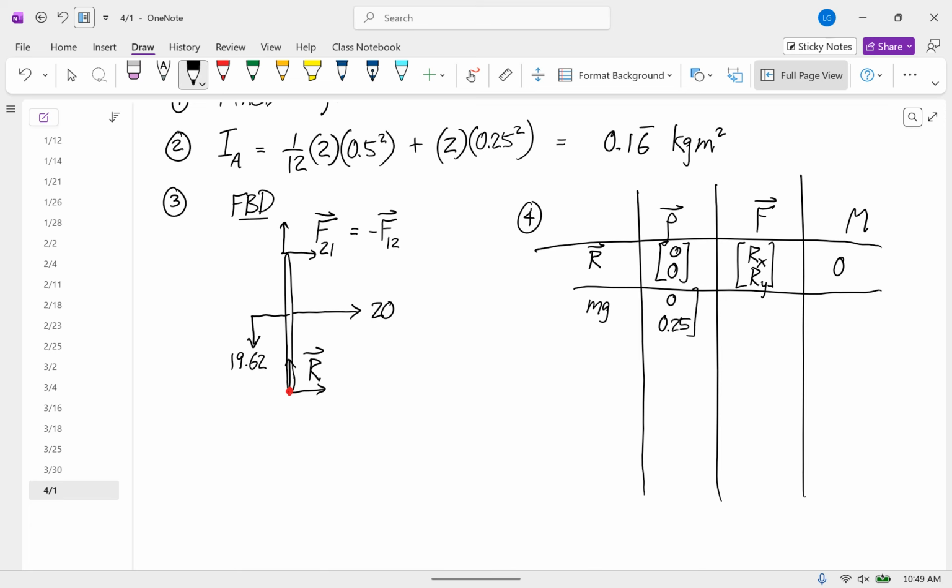Do we need Newton's second law for this one? No. So we'll go right to step 6. And that says negative 5 plus 0.5 F12x is equal to 0.16 repeating times the angular acceleration of body 2.